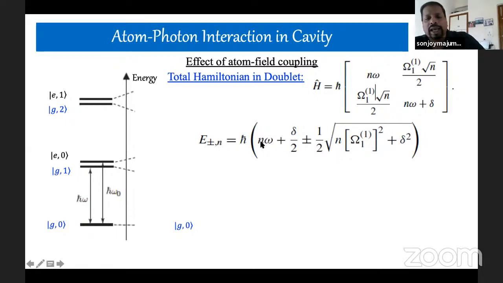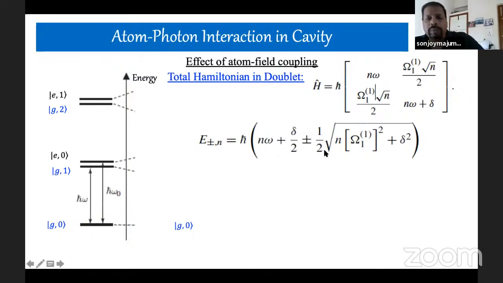Let's put n equal to 1 so that we can see it from this picture. If you put n equal to 1, it is ħ(ω plus Δ) by 2, which is the halfway point of this difference. If you take the halfway point of the difference, from there is a splitting. The splitting is of this amount.